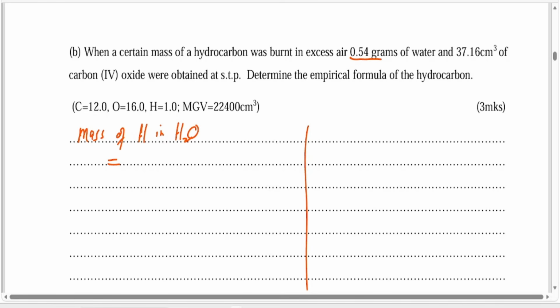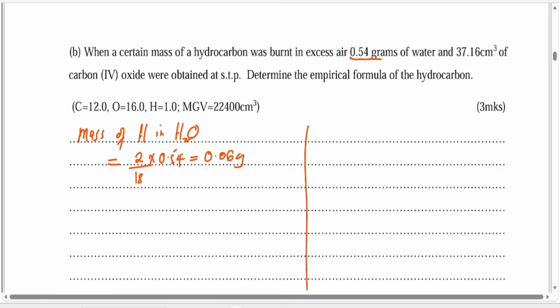And we already know the relative mass of hydrogen. We have 2 atoms of hydrogen. So we are going to have 2 over the relative mass of water, which is 2 plus 16, which is 18. And then we multiply by the total mass of water that was produced. And when you work it out, we are going to get 0.06 grams. That is the mass of hydrogen in water.